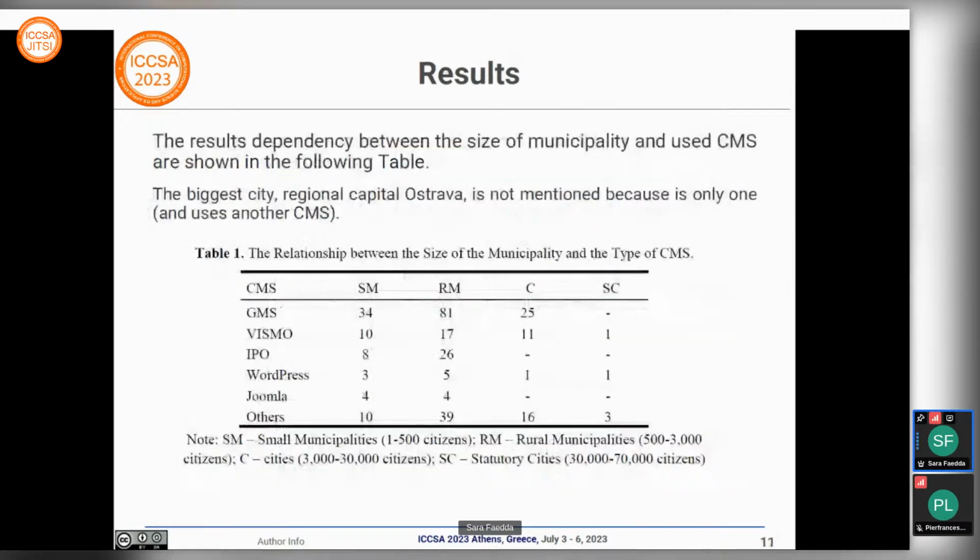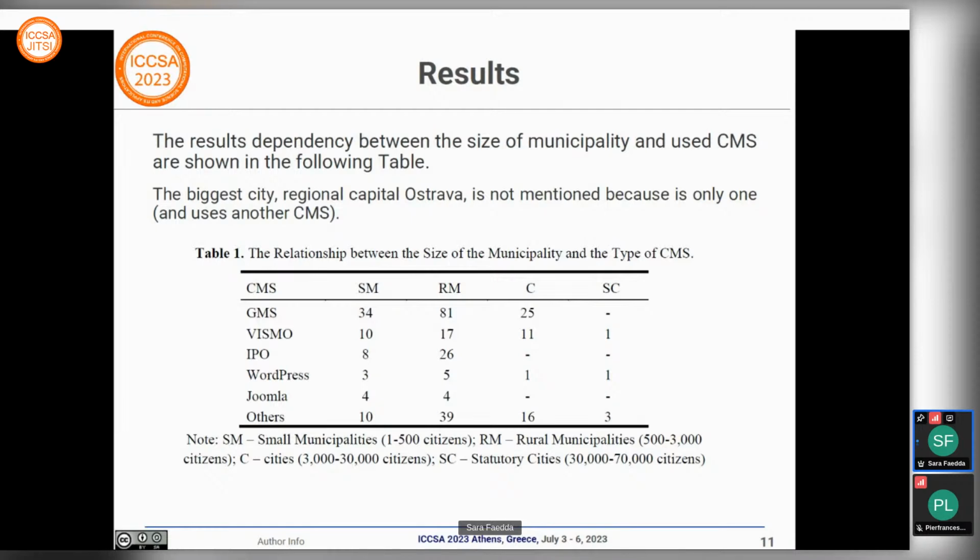Yeah? And when we divide these systems according to the size of municipalities, so small municipalities, rural municipalities, cities, and statutory cities, we can see that it is very interesting that most of the rural municipalities, so it means up to 3,000 citizens, use this GMS, it means Galileo.